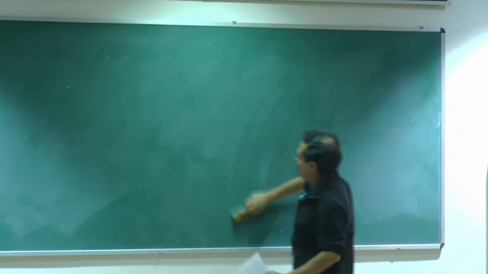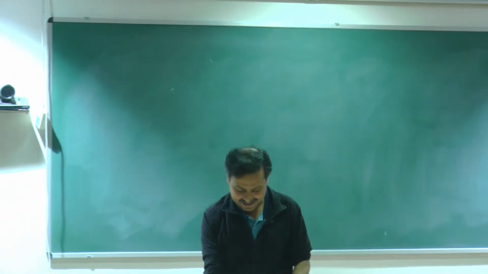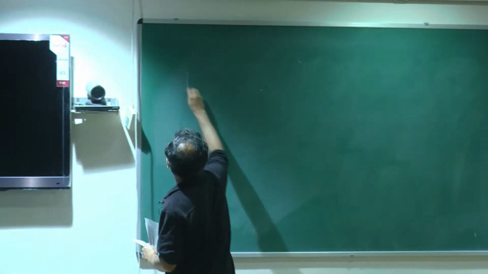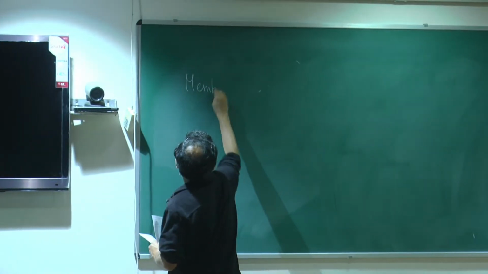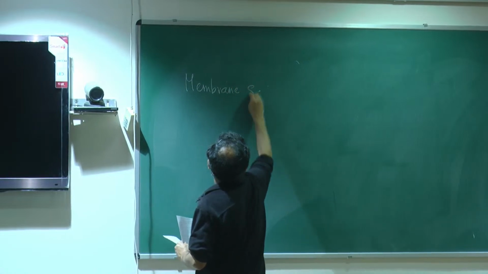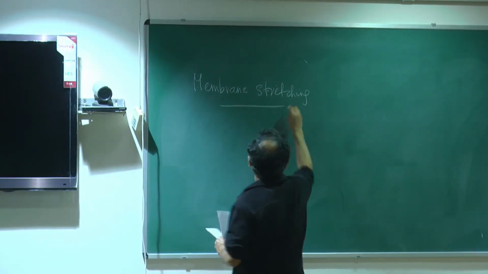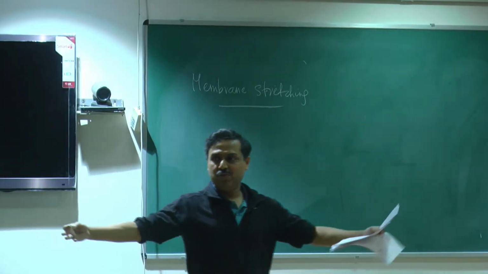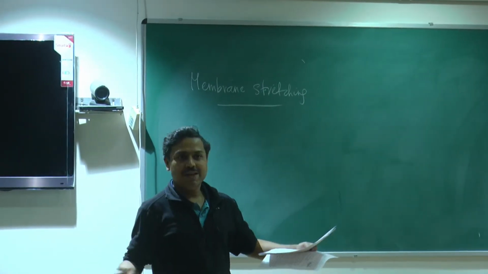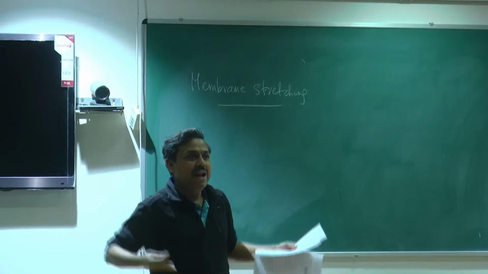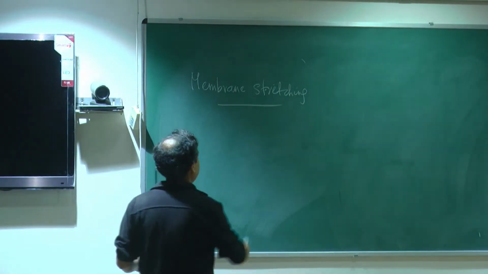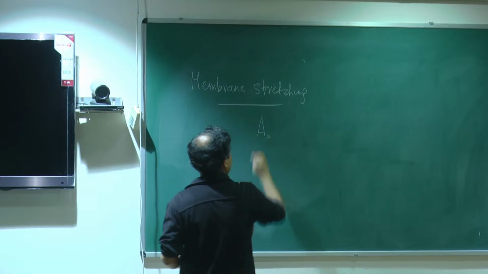So I want to stretch it and consider therefore a membrane. It's like a 2D sheet, and in the relaxed state it has some area which I call A naught.